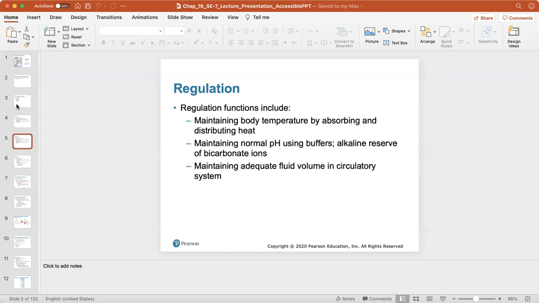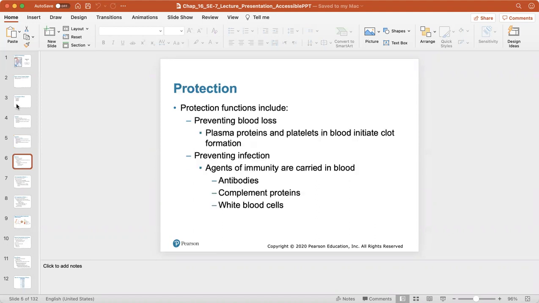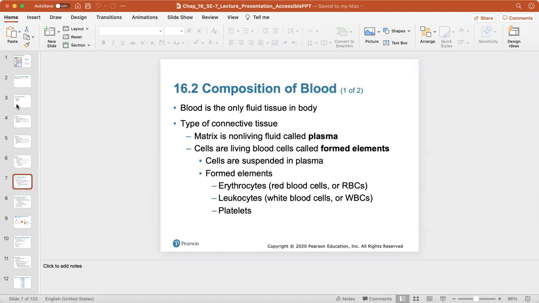The regulation of blood helps to maintain temperature regulation, maintaining pH using buffers, and maintaining fluid volume within the circulatory system. Protection includes preventing blood loss by initiating clotting formations, preventing infection by carrying antibodies, proteins, and white blood cells.